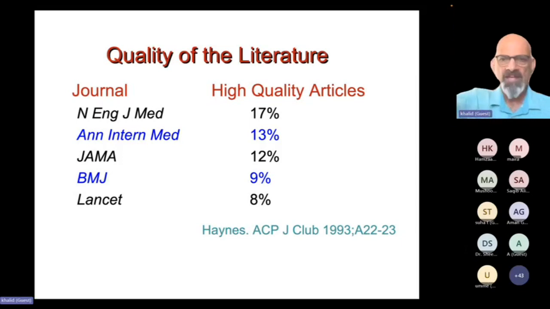So I break this myth for you just now: please don't rely on the journals. They will feed you rubbish, the majority of the papers. How does that sound?